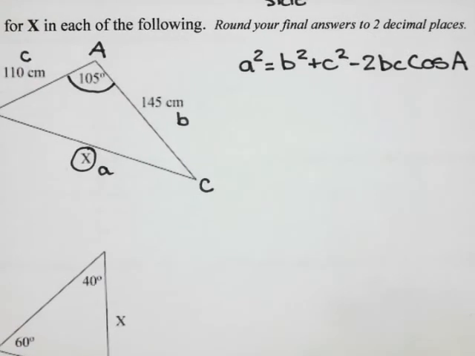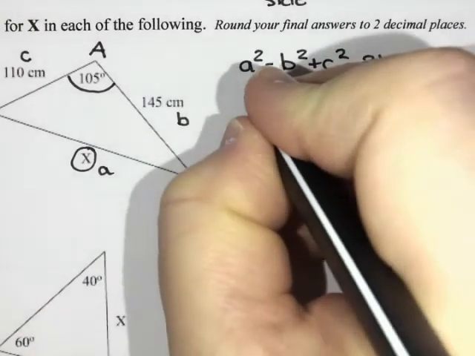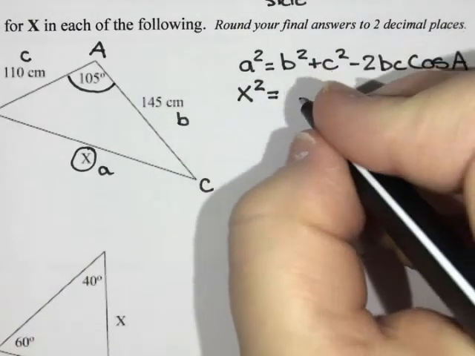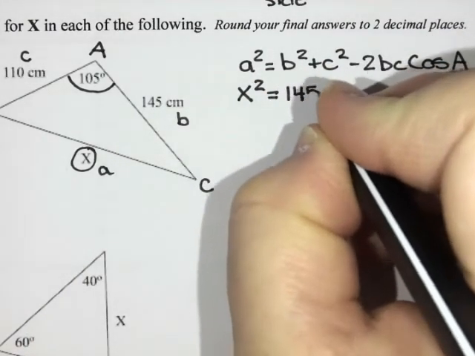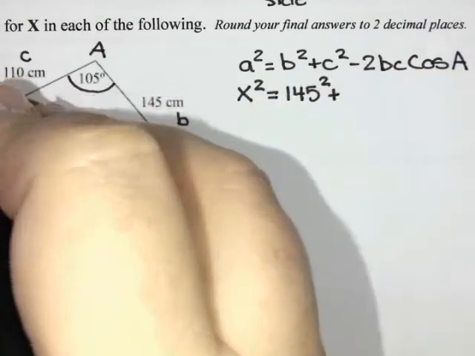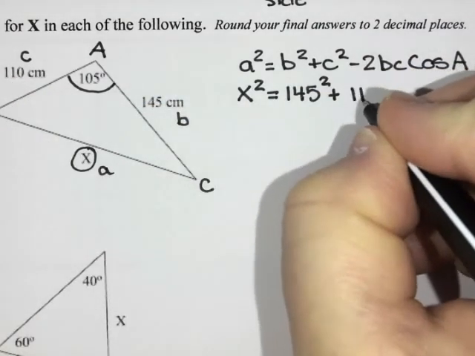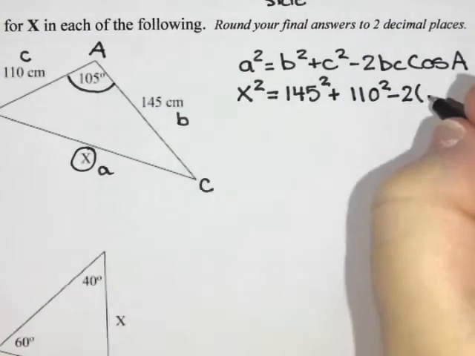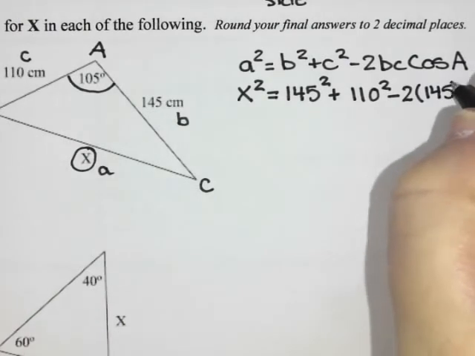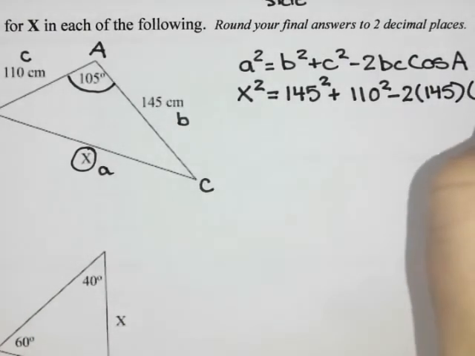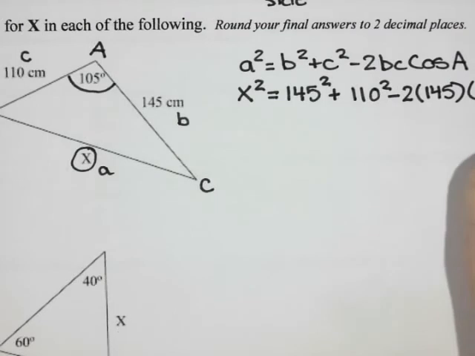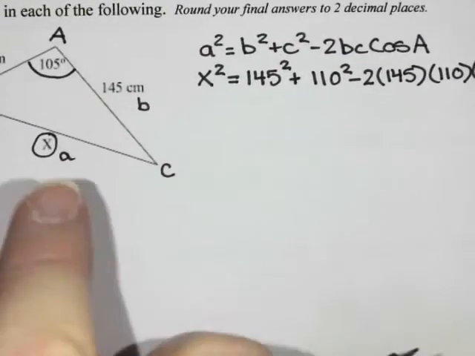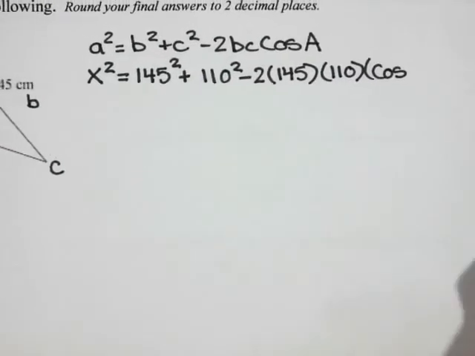Little a is side x, so x squared equals b, which is 145 squared, plus c, which is 110 squared, minus 2 times, there's that b again, 145, times c again, which is 110, times cosine of angle A, which is 105 degrees.